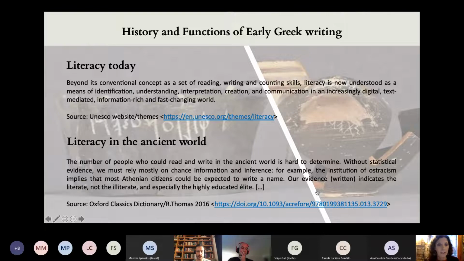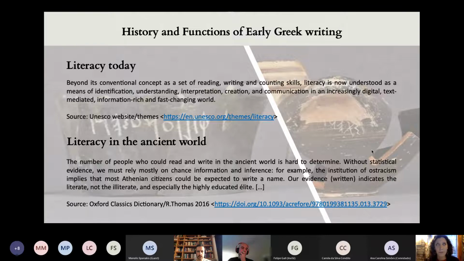and effective communication with the world. But literacy in the ancient world is, of course, just the ability to write and read. There is a very good article by Rosalind Thomas. I put here the URI to give you the reference about literacy in the ancient world that could be helpful for the future.